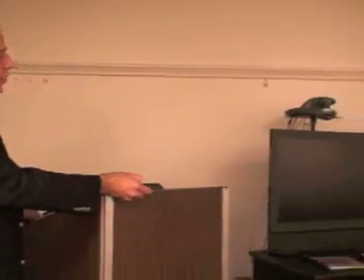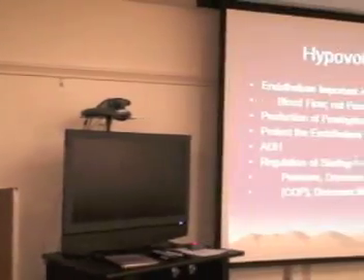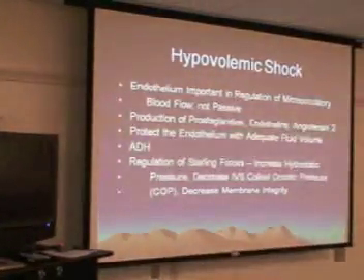These patients get back to your basic Starling forces, cardiac compensation for the low blood pressure. As the shock progresses, you can lose membrane integrity, you can lose intravascular oncotic pressure, and have fluid shifts in the water, which we'll talk about in a minute here.